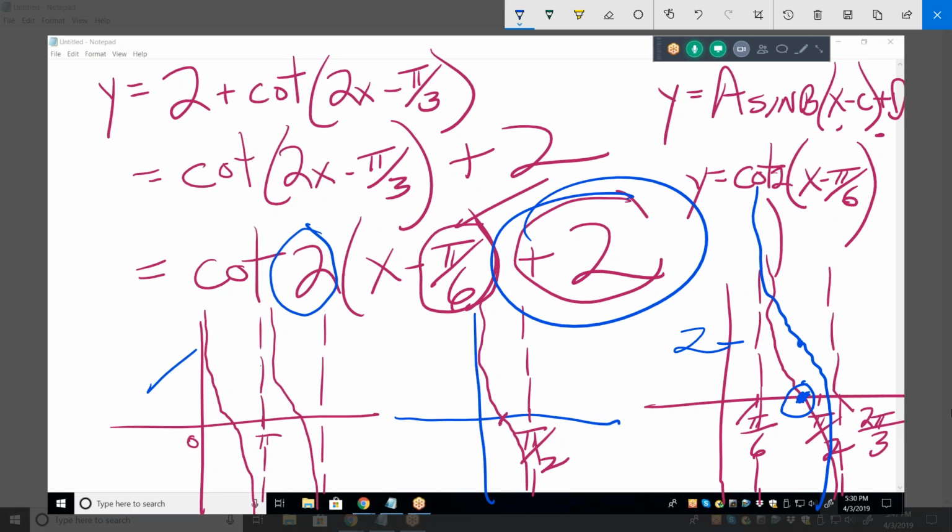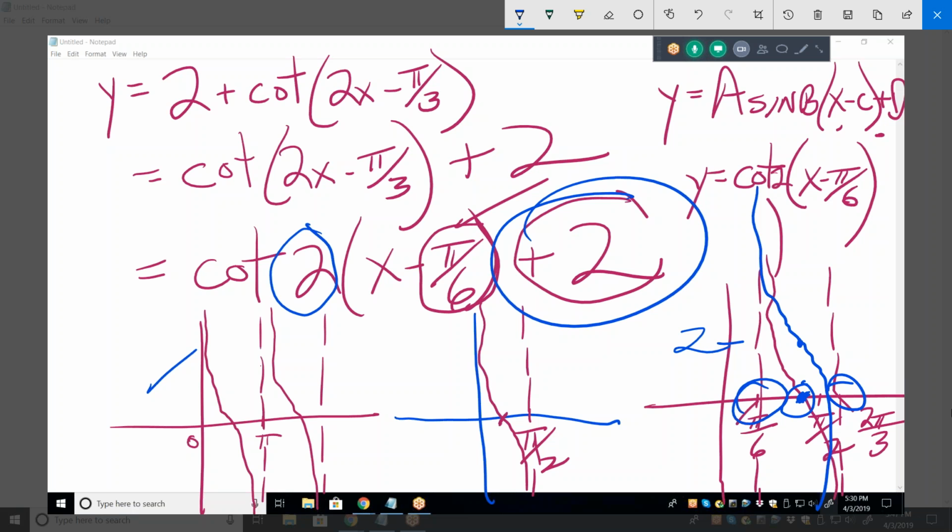So my normal looking curve is going to go from minus pi over 6 to 4 pi over 6. It's going to go always decreasing. That's what cotangent does. And the whole curve is going to be shifted up 2 units without changing its shape.